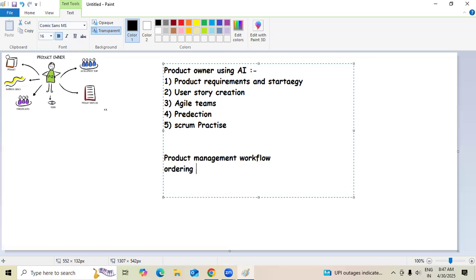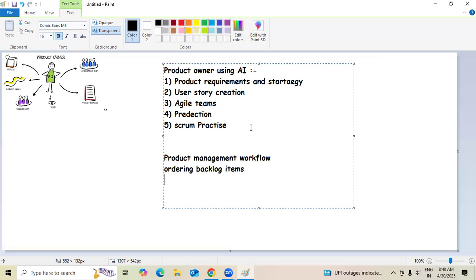Second, we must know about ordering of backlog items: what the different backlog items are and how they can be ordered. So prioritization, like high priority will be at the top, medium priority in the middle, and least priority at the bottom, right? We must also know the key deadlines to be reached, because release management planning is something we do first.